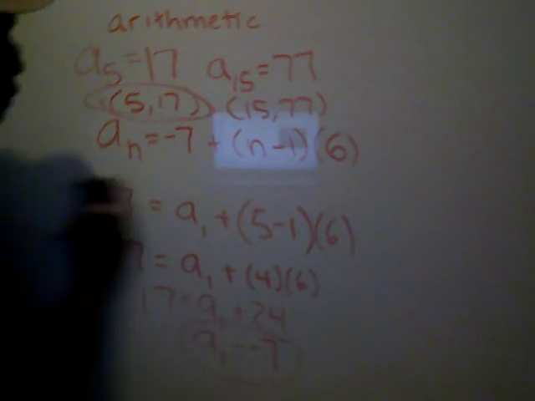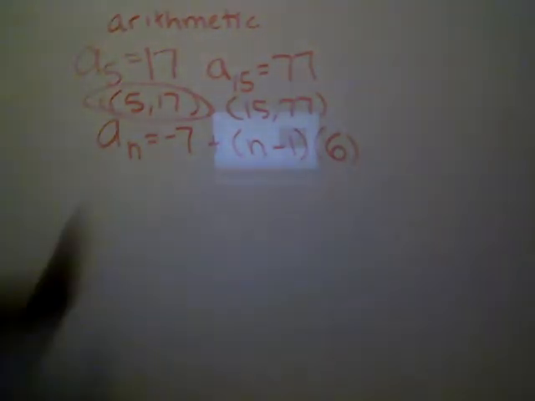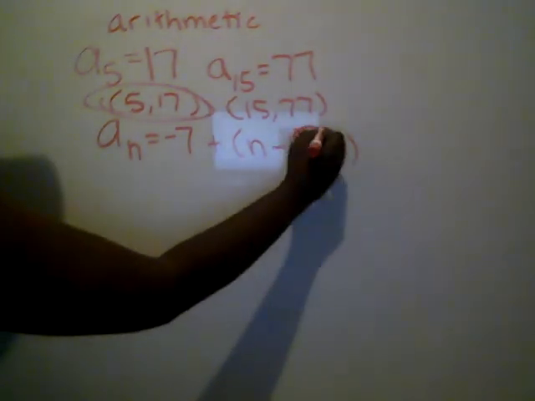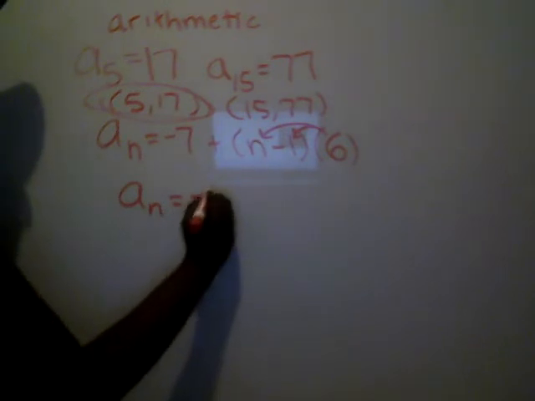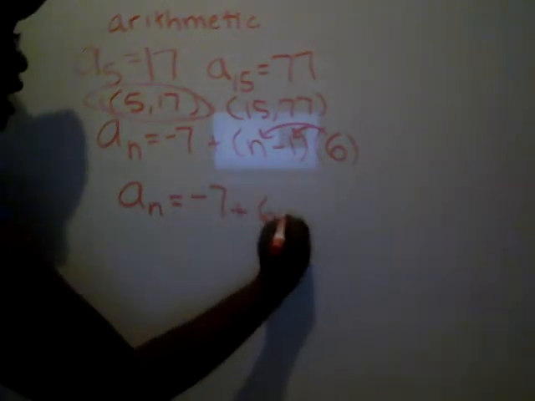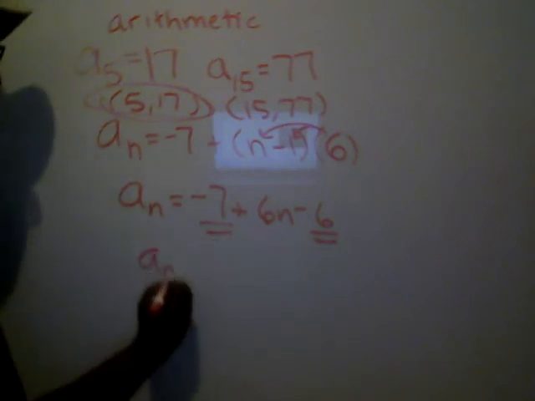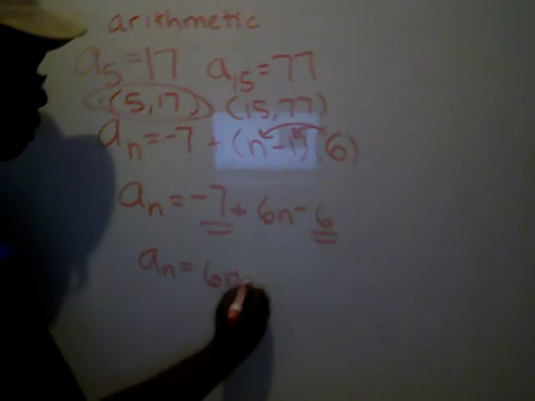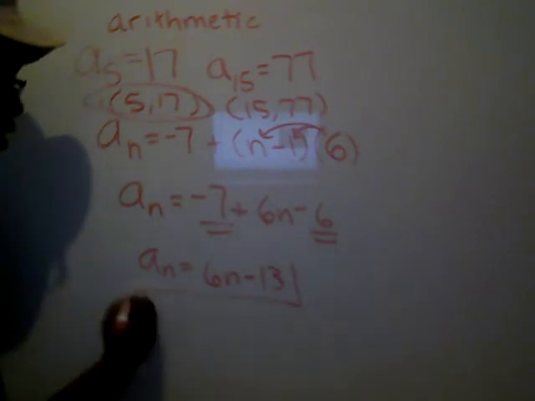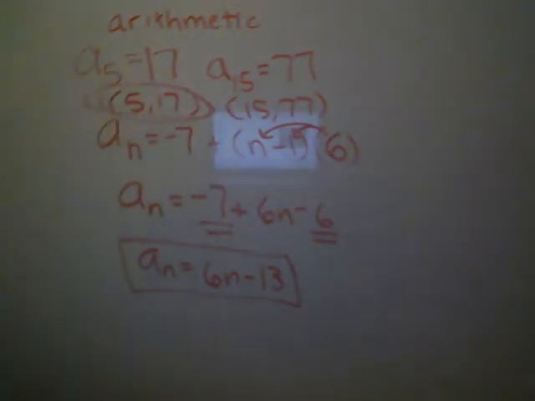And just to simplify our equation a little bit, because your teacher's probably not going to want you to leave it like this, we want to distribute the 6. So we get a sub n equals negative 7 plus 6n minus 6. And then we want to combine those two. Our final equation would be a sub n equals 6n minus 13. And this equation is the one that fits those two data points.